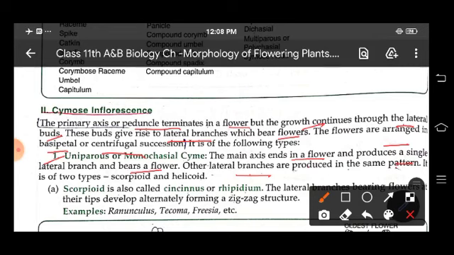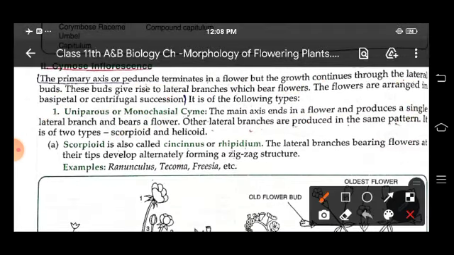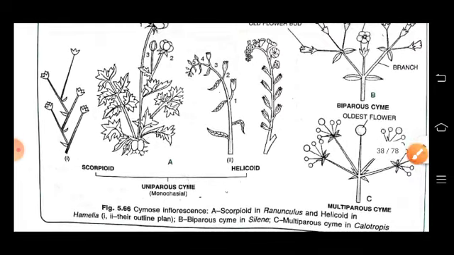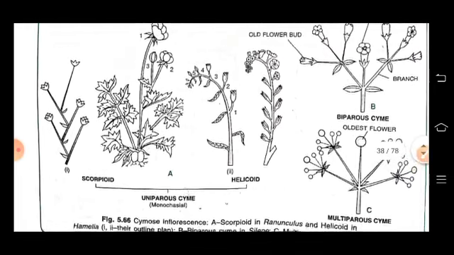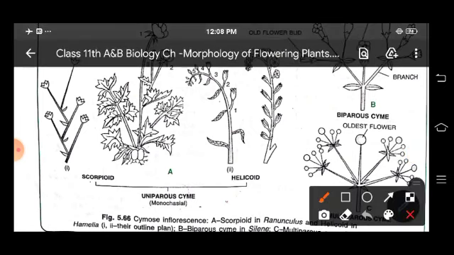They are of two types, scorpioid and helicoid. In a scorpioid, which is also known as rhipidium, the lateral branches bearing flowers at the tips develop alternately, forming a zigzag structure. So here the cymose inflorescence. Now this is the scorpioid and helicoid.